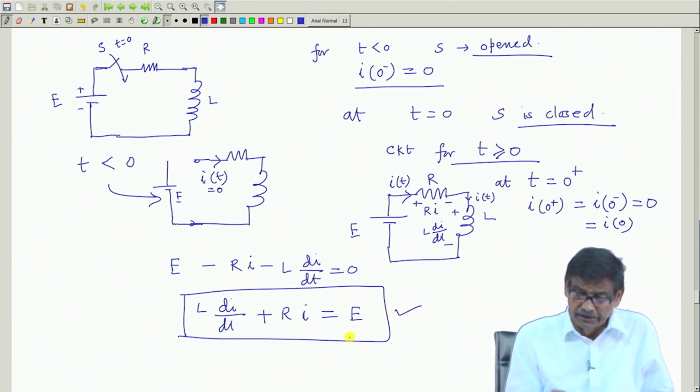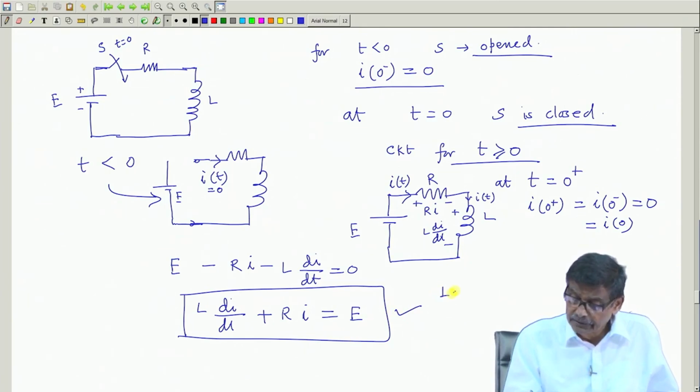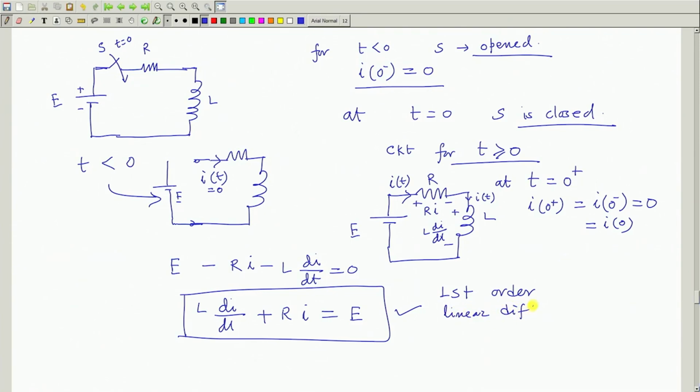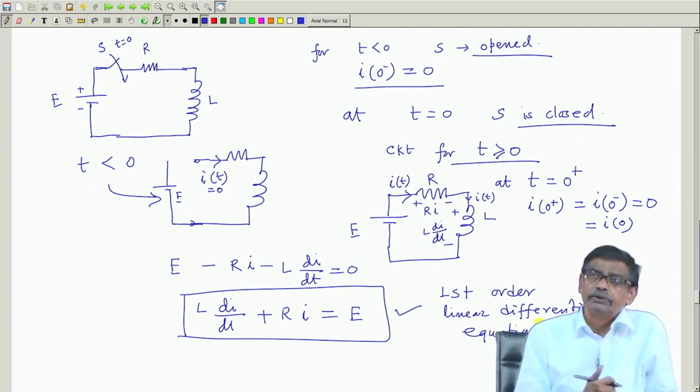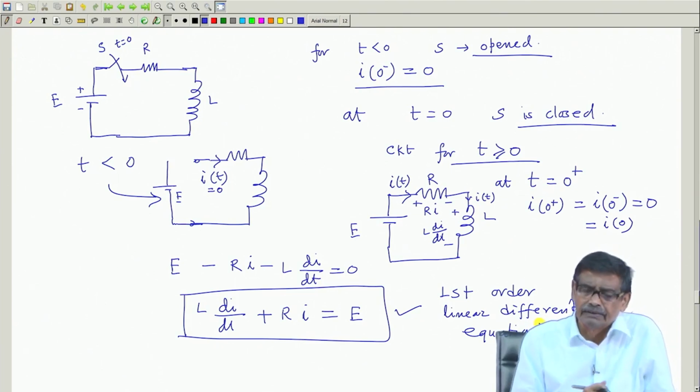Now, how to solve this equation? This is a first order linear differential equation. What happens is this, if in a circuit there is only one energy storing element, it will always give rise to a first order equation.